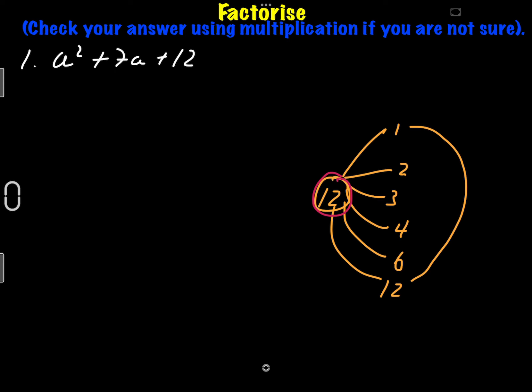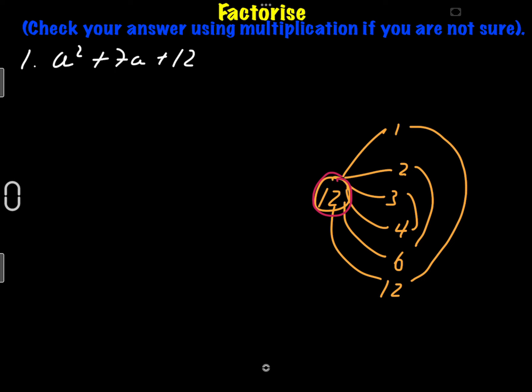Let's check and verify the second composition. In this case we have 2 and 6. 2 and 6 will still give us 12, and then 3 and 4 will give us 12.